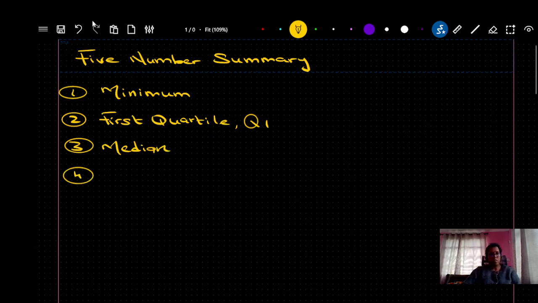Fourth is the third quartile, which is Q3. And fifth is to find out the maximum number.